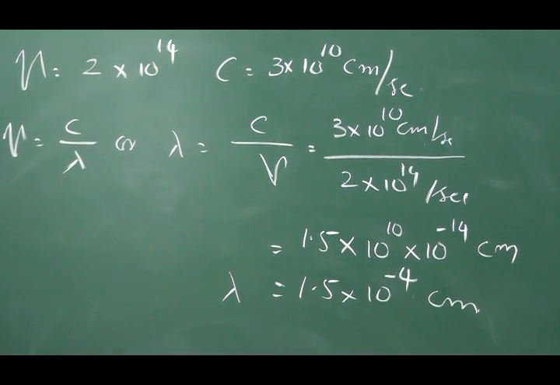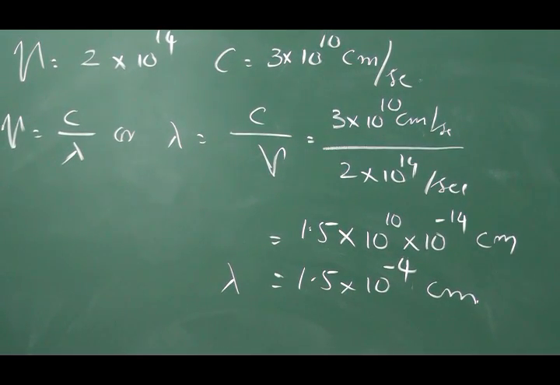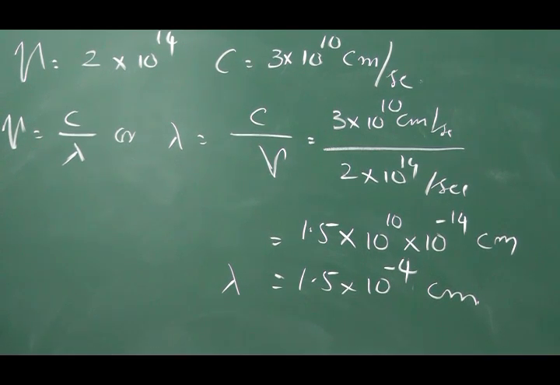Now we have to convert lambda into angstrom units. So while converting angstroms into centimeters, we multiply with 10 to the power minus 8. So to convert centimeters into angstroms, you have to divide with 10 to the power minus 8.